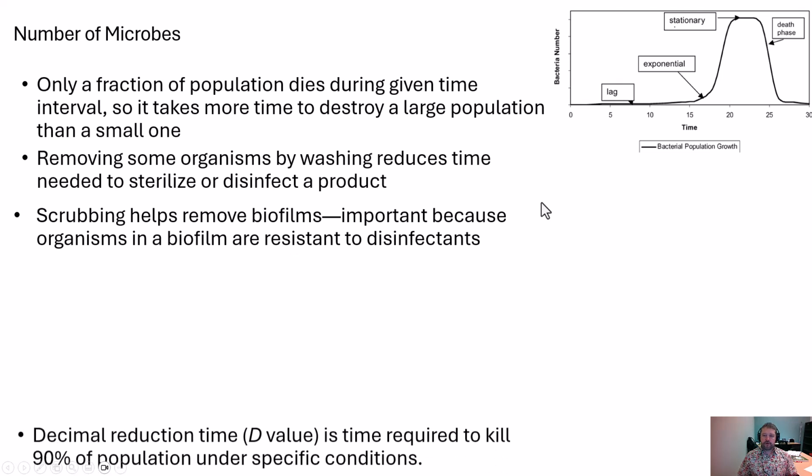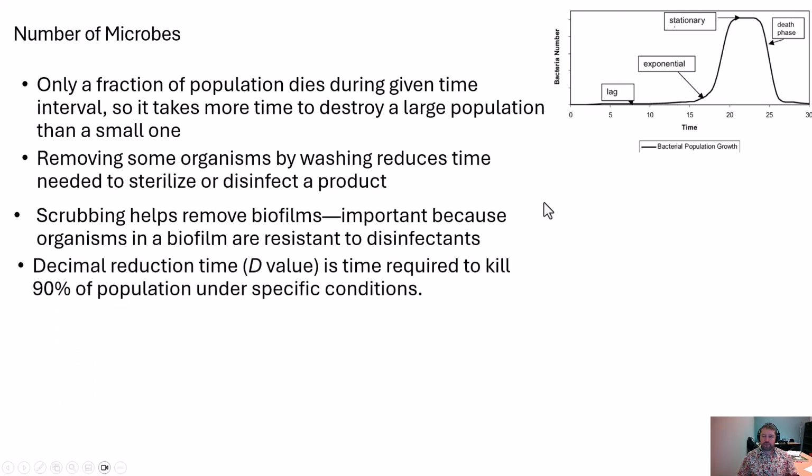Okay? Along the same lines is how we determine whether or not a chemical is a good disinfectant, or whether a chemical has the capability of having sterilizing properties, is to look at the decimal reduction time, or the D value.